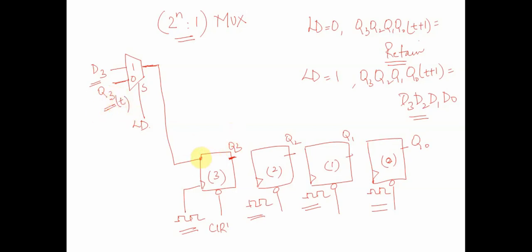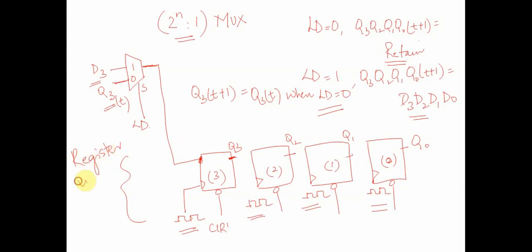So basically Q3 at t plus 1 would be equal to this input, which is nothing but Q3 at t, when load is equal to 0, right? So this particular circuit is called a register circuit with parallel load, and we used a multiplexer to implement it, correct? I hope this is clearer.